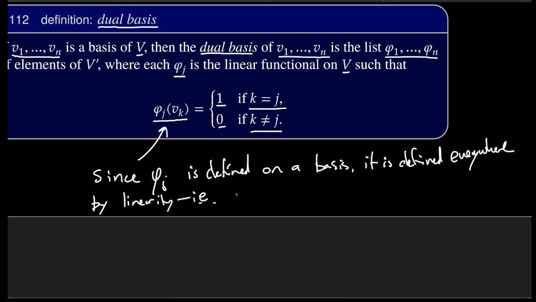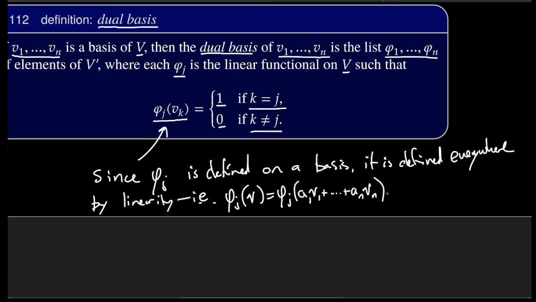Let's just write it out. Phi j of v is equal to phi j of a1 v1 plus ... all the way down to an vn, for some a1 through an in the field, since you can write every vector v as a linear combination of the basis elements v1 through vn.